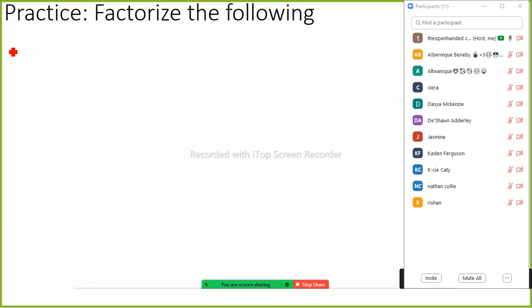All right, number 1: x squared plus 8x. Number 2: x squared plus 12x.